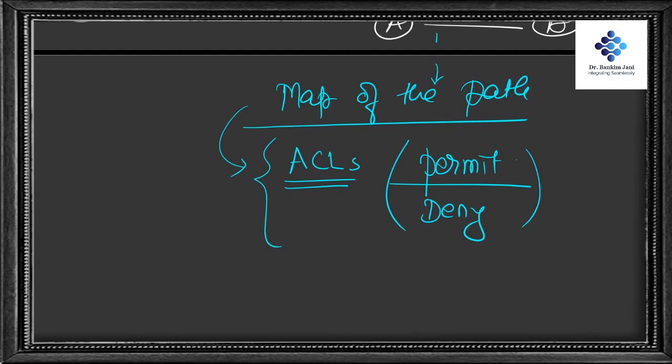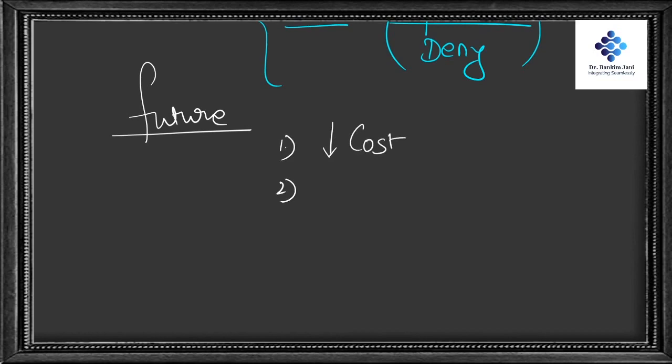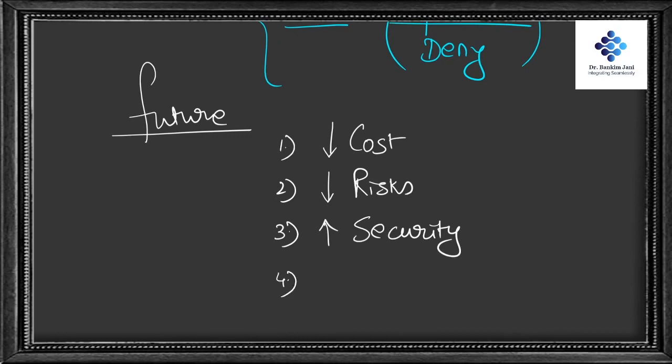So that's the reason they say that the future is this DNA. One, it would decrease the cost. Second, it would decrease the risk, because the traffic is now completely encrypted, even the management traffic, and that would lead to better security. And as you are taking care of the entire health, the speed of deployment would be much faster.